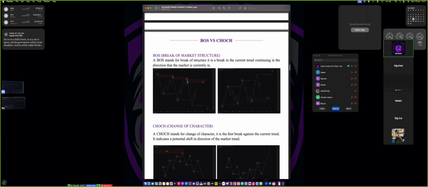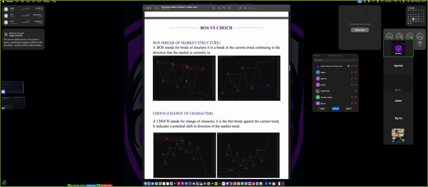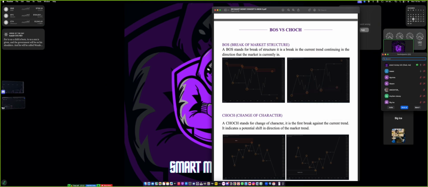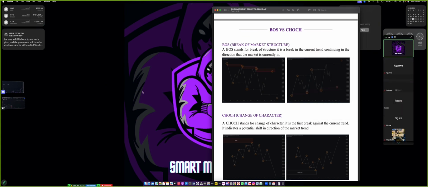This is what was there. I said, break of structure, it is a break in the current trend, continuing in the direction that the market is currently in, right? Continuing in the direction that the market is currently in.